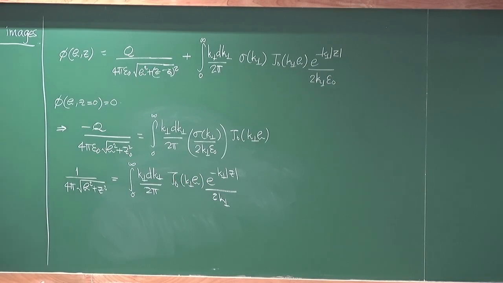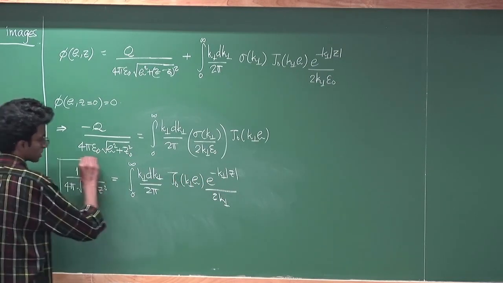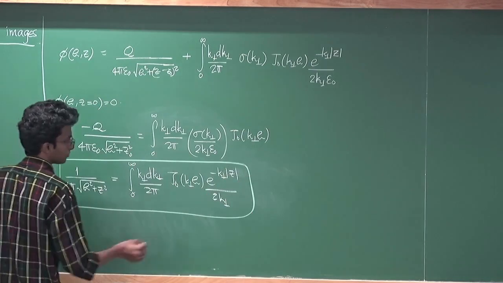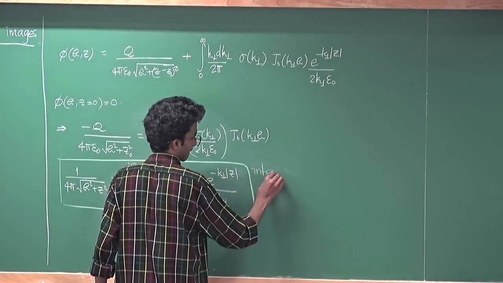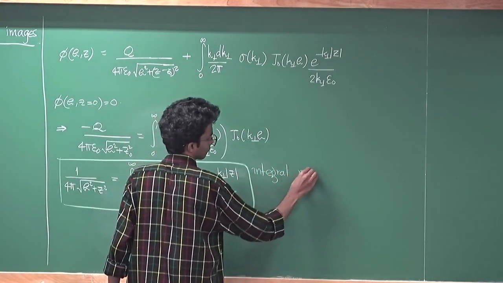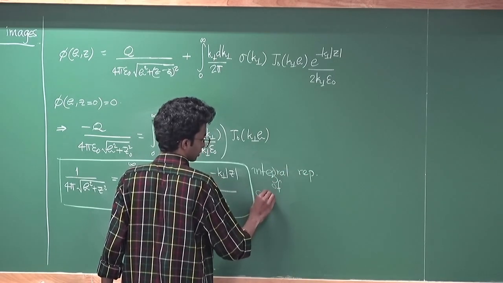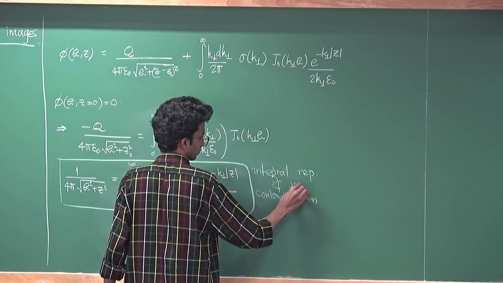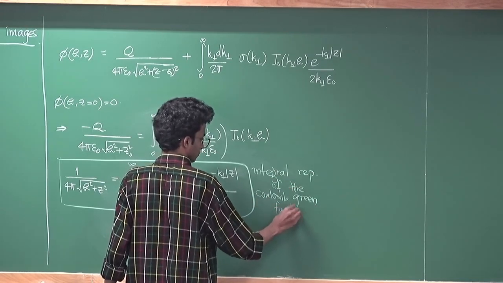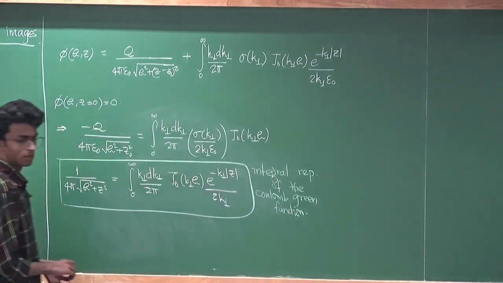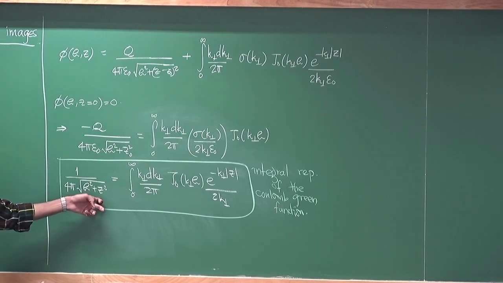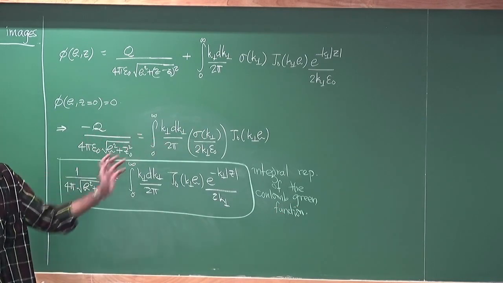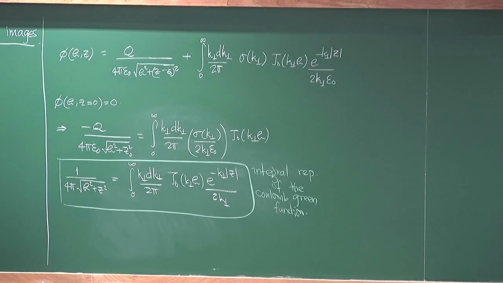So this is an integral representation of the Coulomb Green function. You can just use this integral representation and then compare both sides, and use the fact that J naught at different k's are independent.